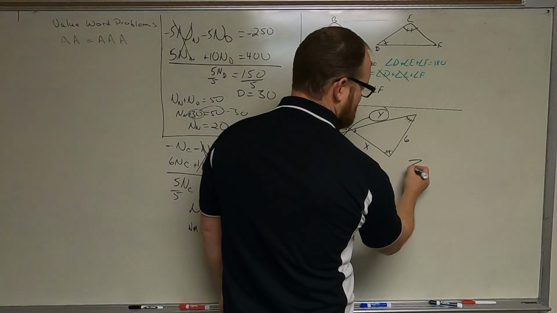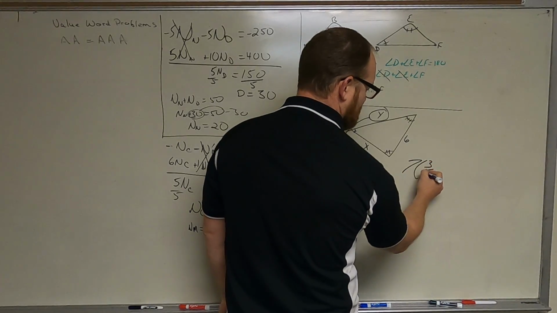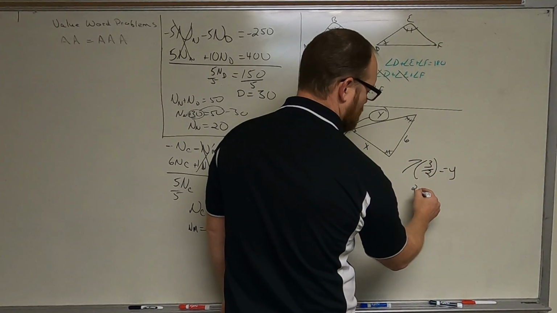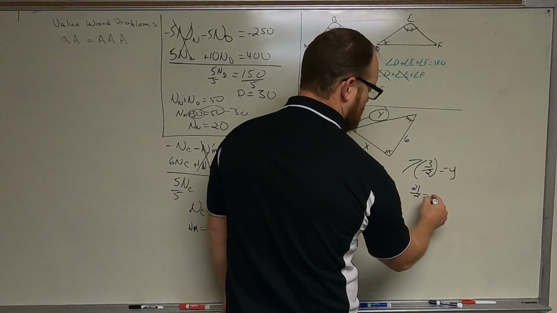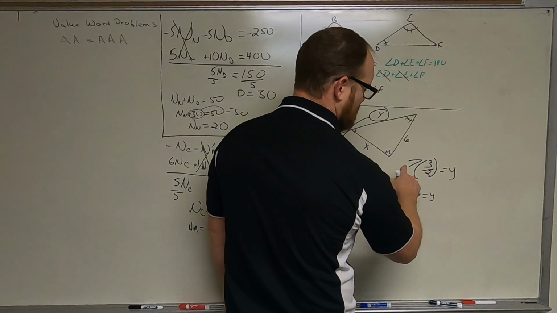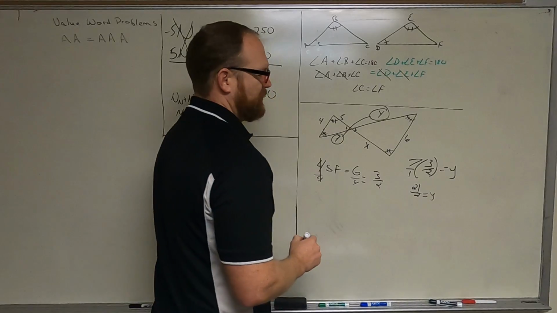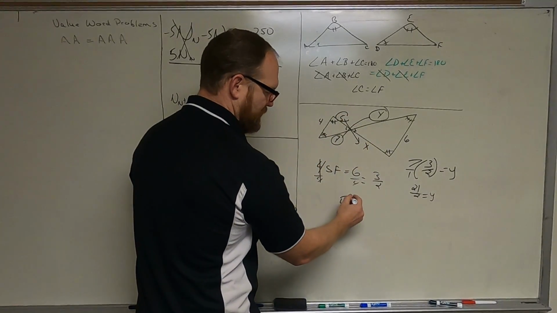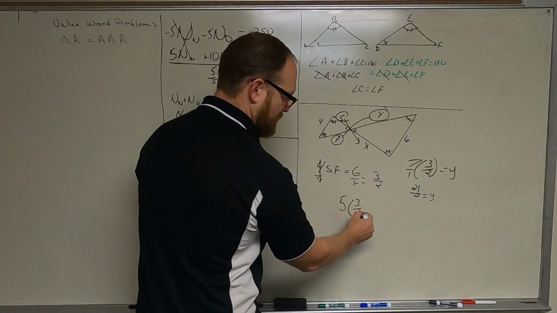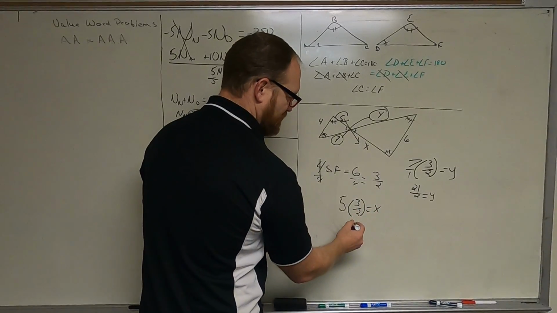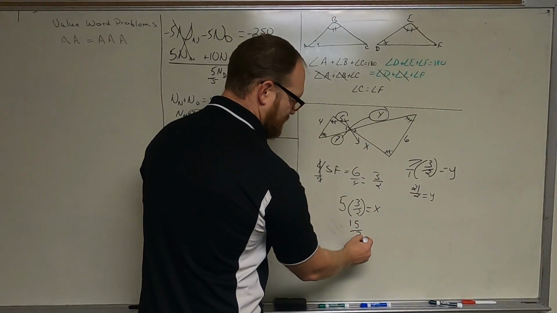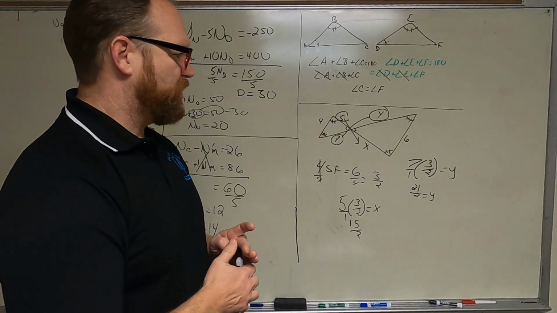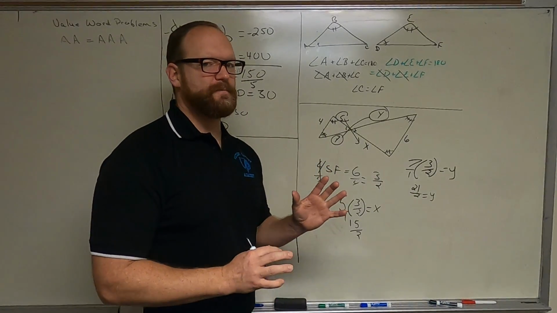So what we'll do is we'll say 7 times our scale factor equals Y. 7 times 3 over 2 is 21 over 2. Just multiplying straight across, if we made this a fraction. Same thing works with 5. 5 times our scale factor equals X. That's going to be 15 over 2, because we made a fraction, 15 over 1. Not a whole lot going on there, not anything crazy.